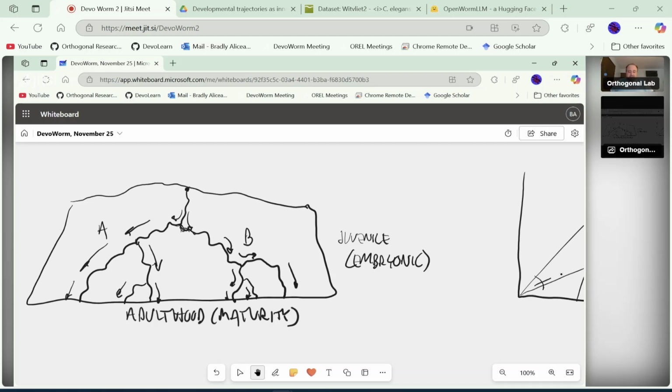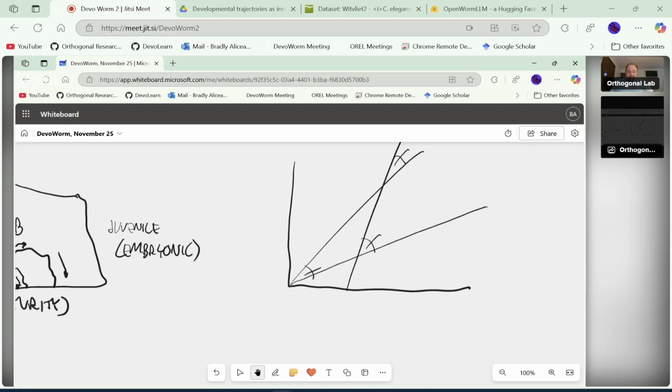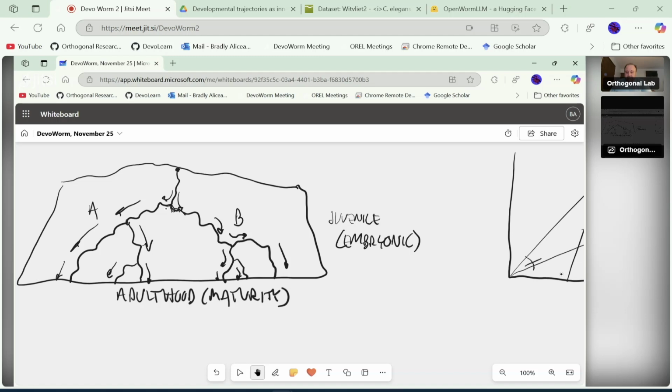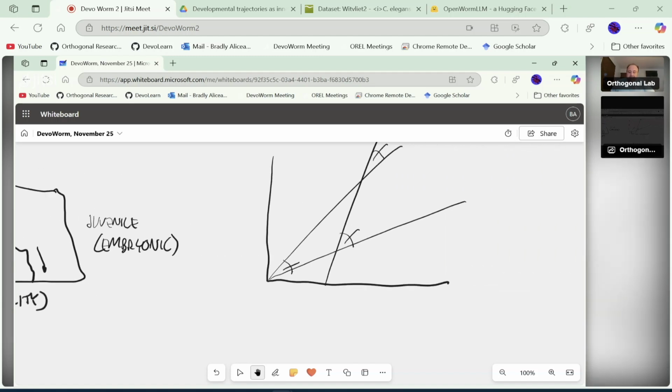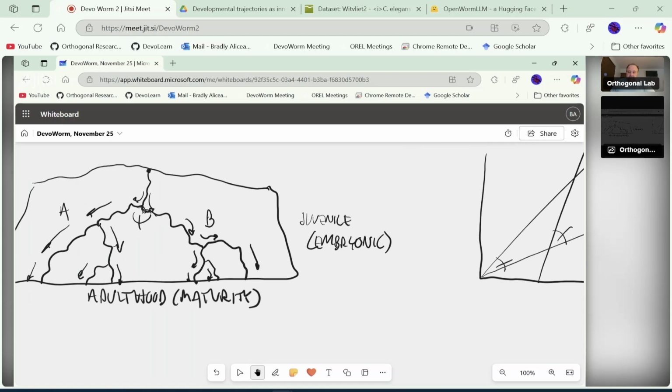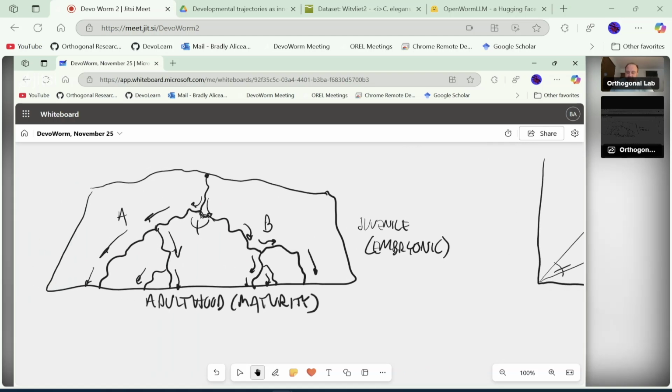Those are maybe not going to have an inner product space. They might diverge like this. They'll have an inner product space at the origin point, right here, but not later on, as opposed to a trajectory that intersects with this. If you have polyphenisms, oftentimes you'll have alternate paths for the same organism depending on its environmental context.